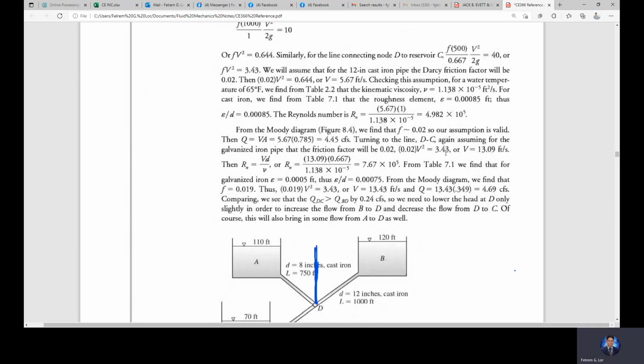Same method, mag-assume ta og value sa f. Then atong i-check based on the Reynolds number, i-plot na to sa Moody diagram.